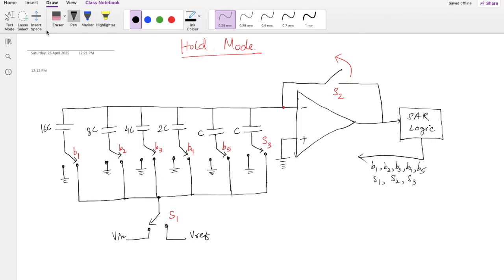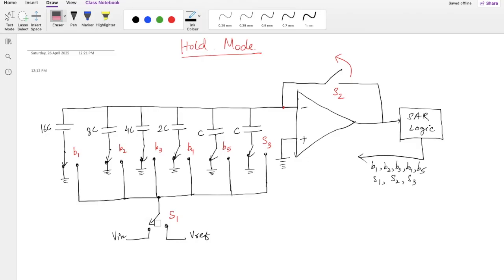In the hold mode, after we release this switch, we are going to make all of them 0. So they are connected to 0. Basically this wire is disconnected, and of course here we are going to switch S1 to Vref as well.